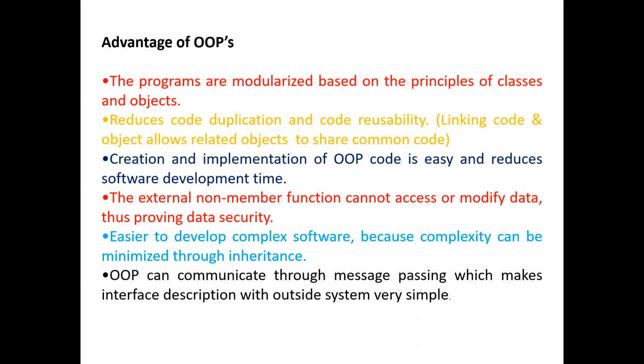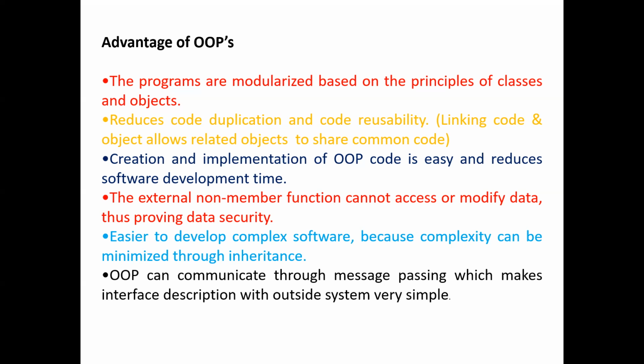Assume that there is a class that contains 2 data members and 2 member functions. If you want to access the 2 data members, that can be done by the member functions of that class only. If there is a function outside the class that is not related to that class, using that function we cannot access the data members of a particular class.